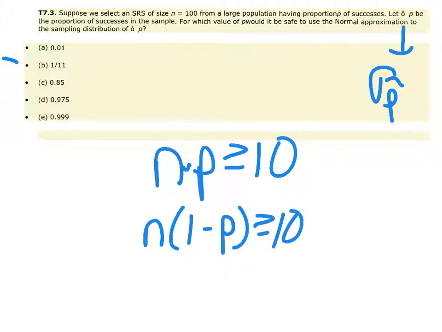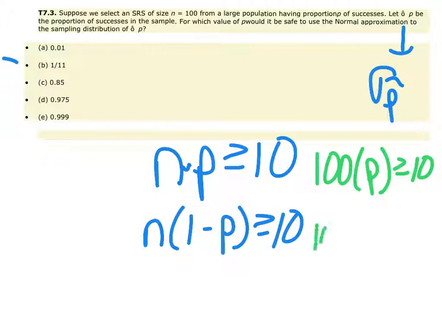If both of these conditions are met, then we can go ahead and compute a new standard deviation. Here n is 100, so 100 times p, whatever p is, must be at least 10, and 100 times the complement must also be greater than or equal to 10.